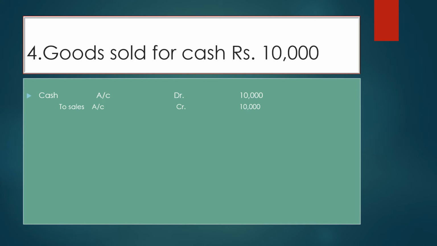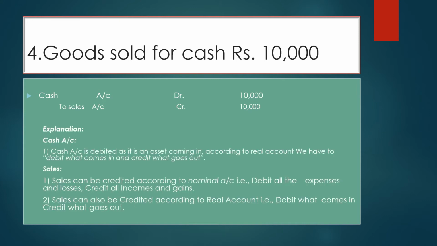Now let us see what the explanation is here. Explanation. First, cash account. As I have said now, cash is debited as it is an asset coming in. According to the real account, we have to debit what comes in and credit what goes out. And next, sales. Sales can be credited according to the nominal account because it says debit all expenses and losses, credit all incomes and gains.